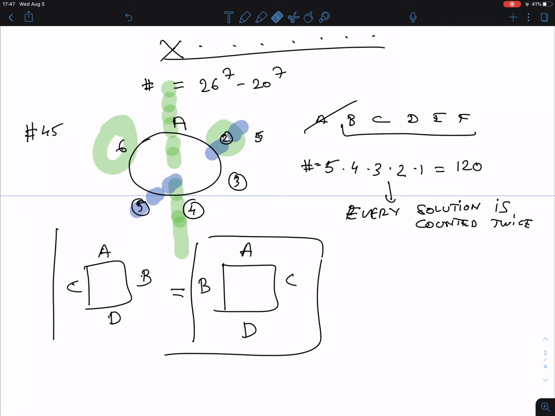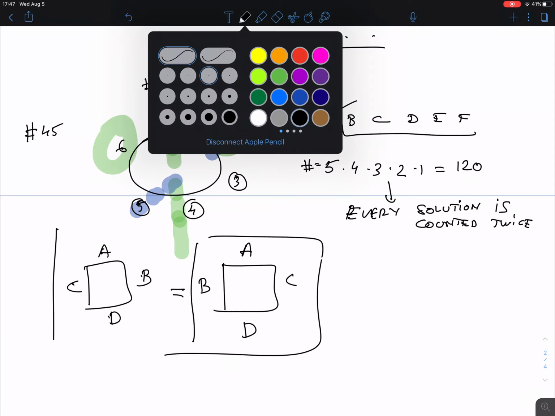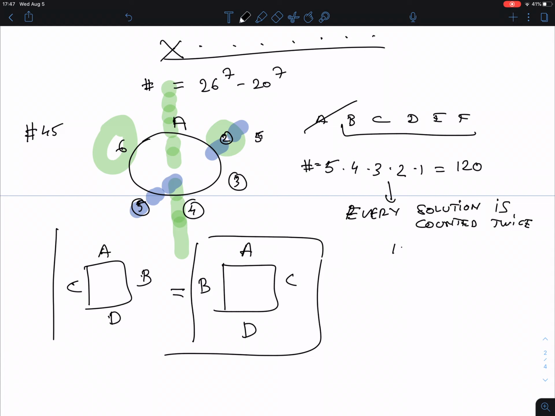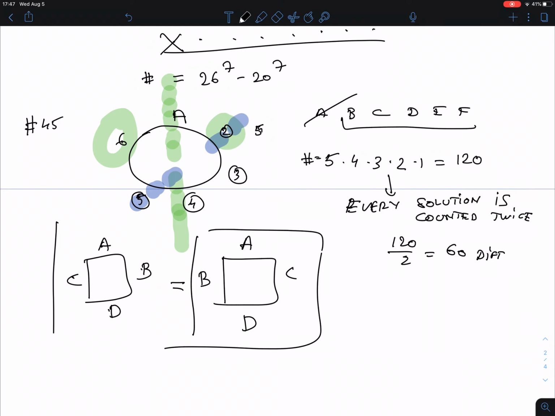Because if I have a solution, another solution that would give the same neighbors to everybody is by flipping it over along this mirror, along this axis. So by the division rule, there will be only 120 divided by 2, that is 60 different seatings. Okay?